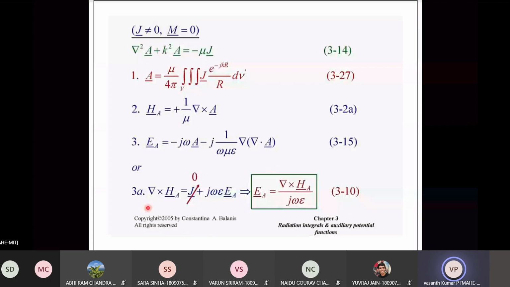If you know H_A, curl of H_A is equal to J. J is 0 outside the region of the source, that is in the free space. J is 0, so this equation is valid in free space. So you can find E_A even from this equation, instead of this equation, we can also find from this equation. Or this is OR.